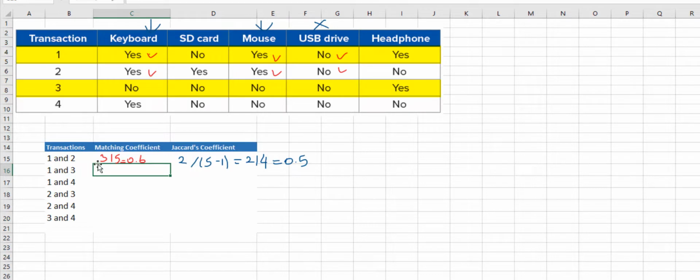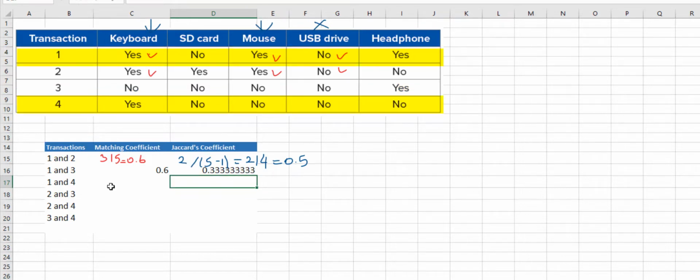Here between 1 and 3, we have SD card match, we have USB drive match, and we have headphone match. Therefore, it is 3 over 5. And now for Jaccard's coefficient, SD card is a negative match and USB drive is a negative match. Only headphone is a positive match. So we start with 1 divided by 5 minus 2 negative matches, which is equal to 0.33.